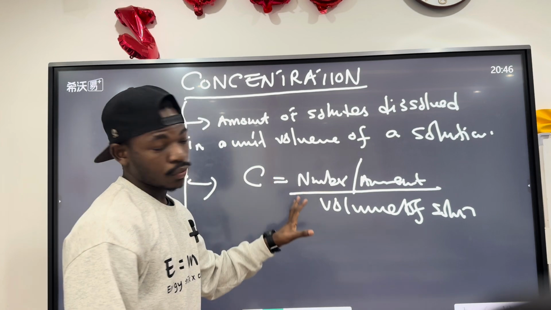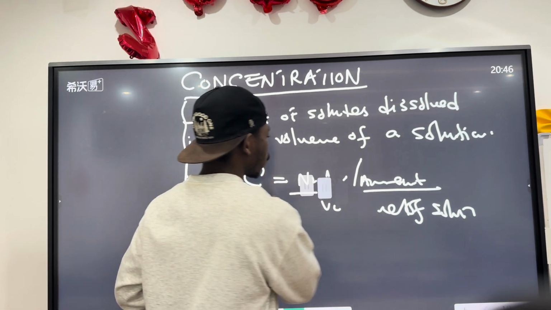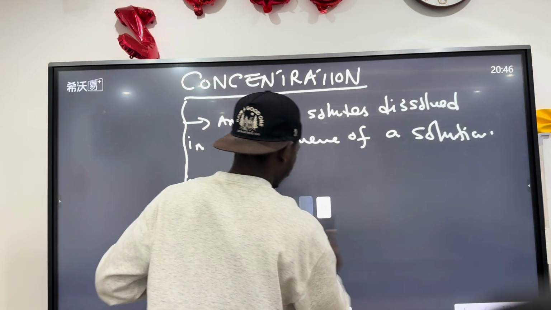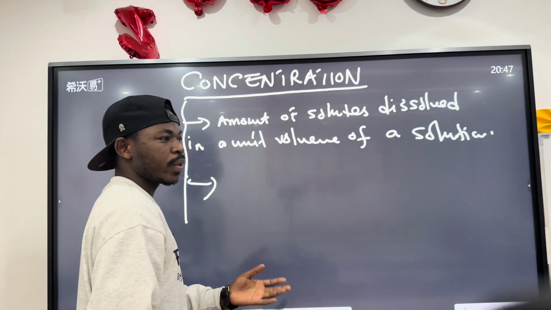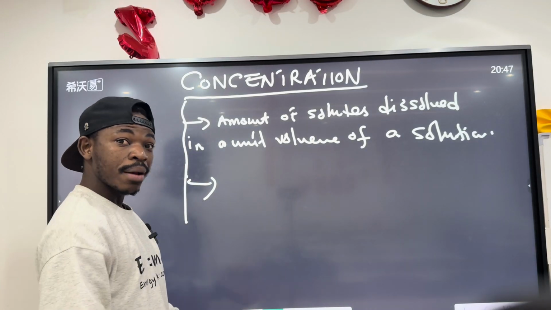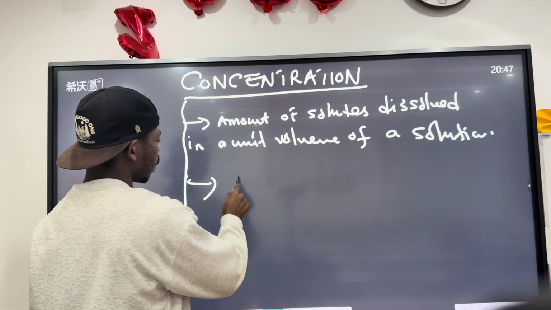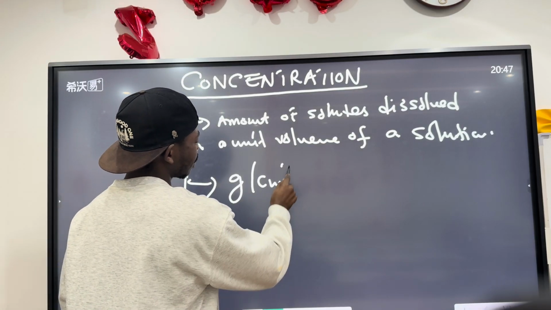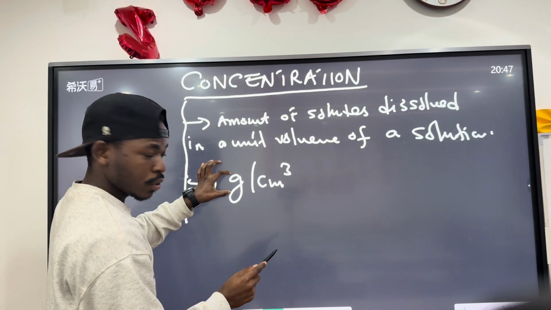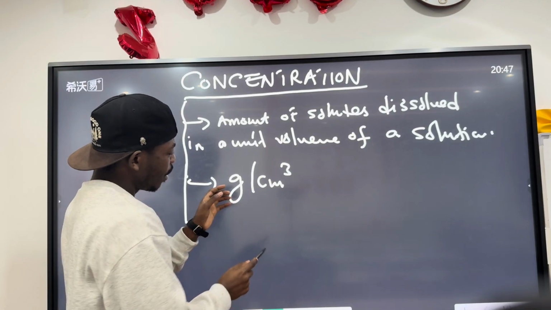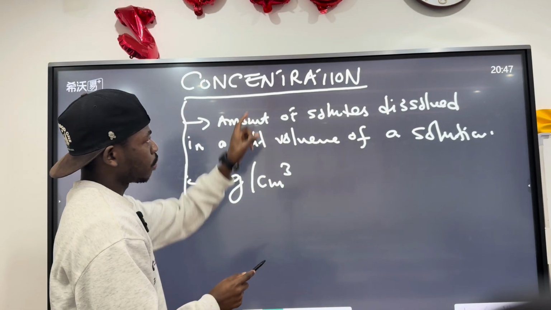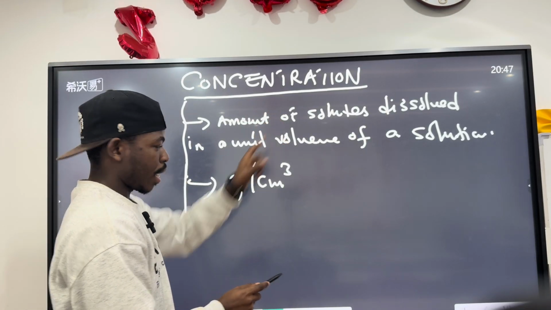Okay? That is what we mean by concentration. We can measure the amount of solutes maybe in grams. So concentration can be measured in things like grams per cubic centimeters. It's the number of solutes per unit volume. Anything that is amount per unit volume.